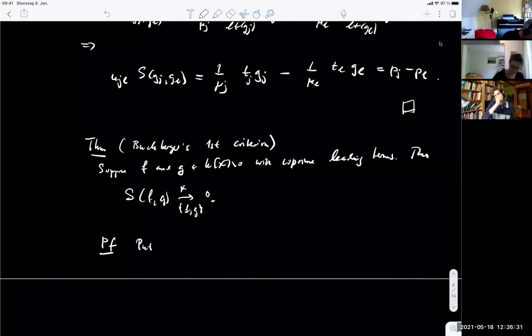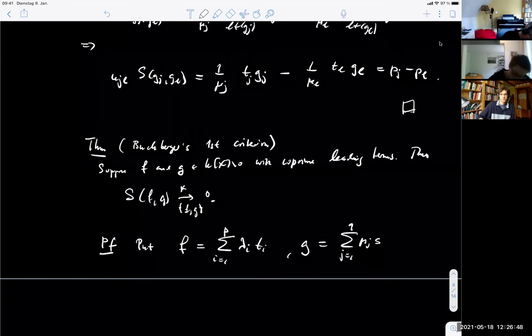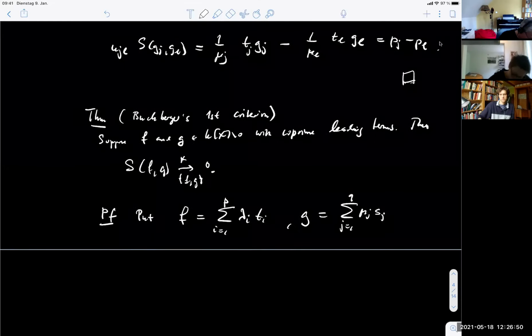So let's give names to the terms of these polynomials. Let's say f is the sum of lambda i t i, i goes from 1 to p, and g is the sum j from 1 to q of mu j s j, with terms that are ordered.